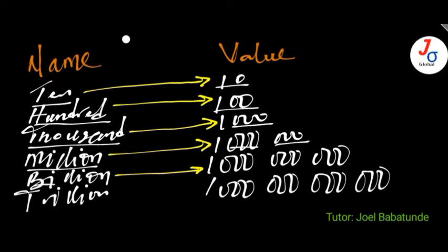Then billion, which has nine zeros. And then trillion, which has 12 zeros. Although the numbers do not stop here, these are the ones we want to focus on in today's lesson.